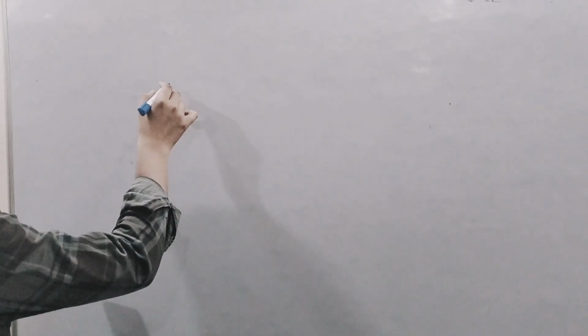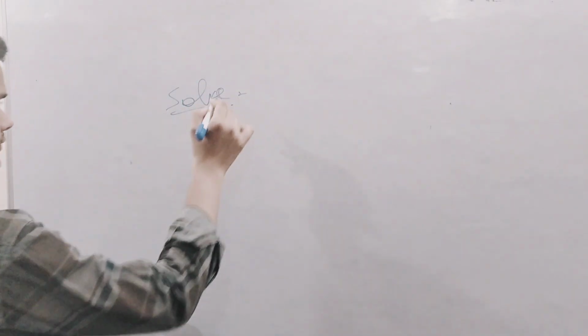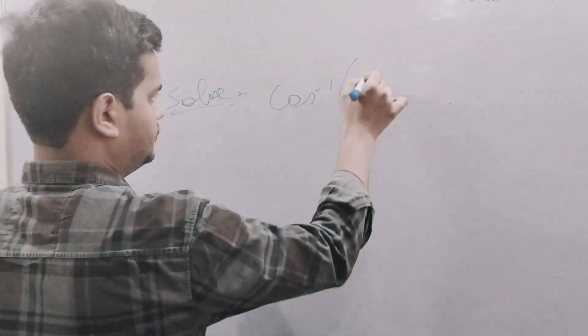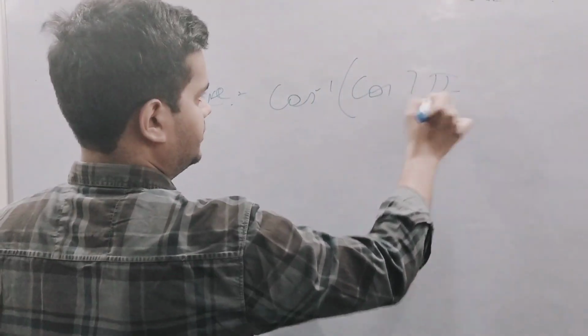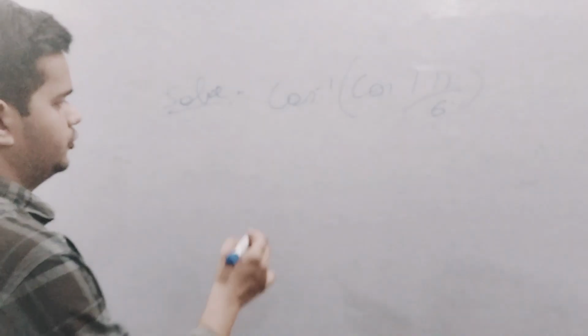Next question. Okay. Here is a question: solve cos inverse cos 7 pi upon 6. Okay, so how much is it?